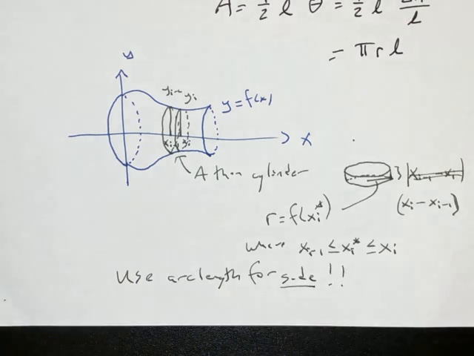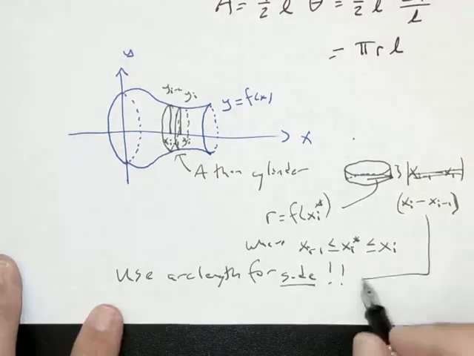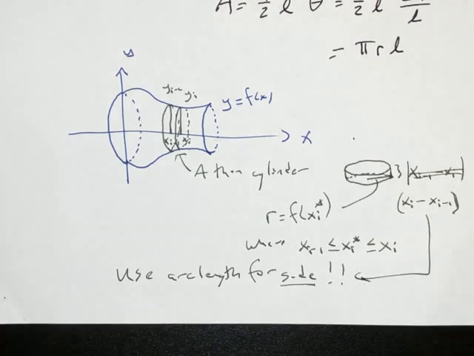So if I really want to know the width, that's the height of my cylinder to get 2 pi r h. It's not really delta x. It's got to have that tilted part into it. That's my arc length. So what if instead of using this, I use this?